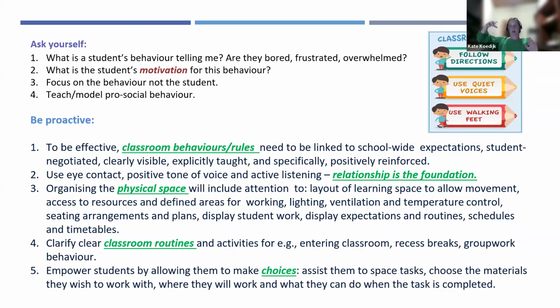It shouldn't always be taught in a reactive space, like, oh, the students all suddenly became defiant and walked out of the room, and then you're trying to teach it then and there: no, we sit at our tables, we stay in class, we talk to each other for learning. You need to explicitly teach some of these managing behaviors when everyone's calm, in an explicit lesson. That is usually outside your discipline area. It's just a positive behavior for learning lesson.